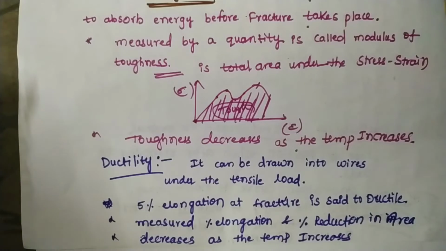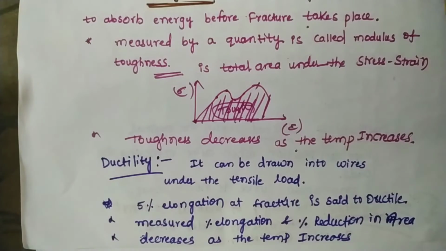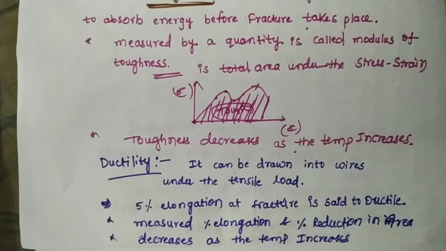In case the temperature increases, the metal goes to a very weak position. So ductility means a low degree of elasticity and a high degree of plasticity and strength.